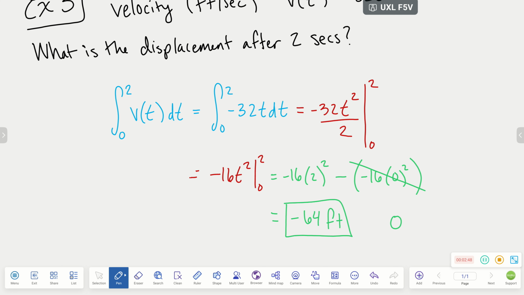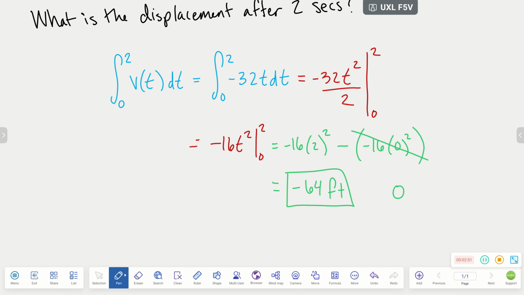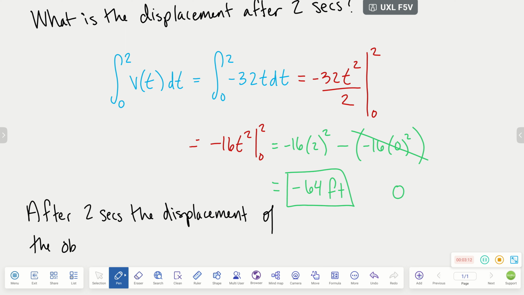That's it. So that means after 2 seconds, if we write our answer in a sentence, the displacement of the object is -64 feet, meaning it fell 64 feet, so it went down, so it decreased.